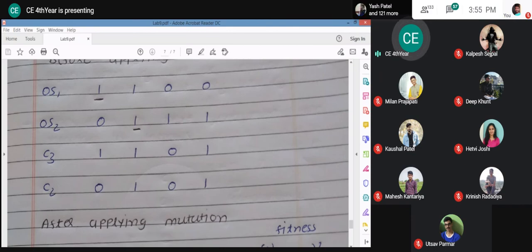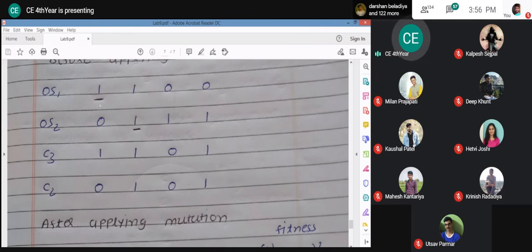Now suppose this 2-bit I want to mutate. In mutation, if 1 is there, it changes to 0, and if 0 is there, it changes to 1. In that way it is done.